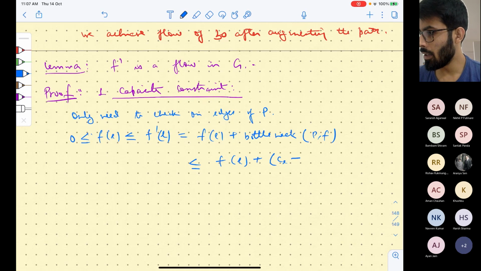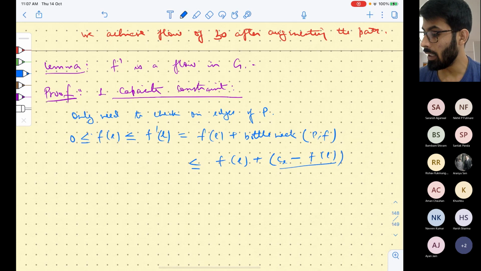Ce minus fe. The bottleneck is the minimum value of this. So of course Ce minus fe is going to be greater than or equal to this bottleneck, and this is exactly equal to Ce, right?